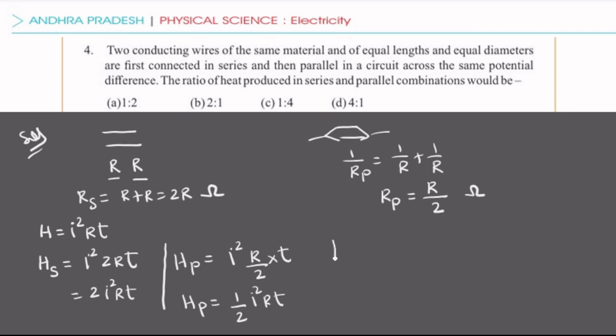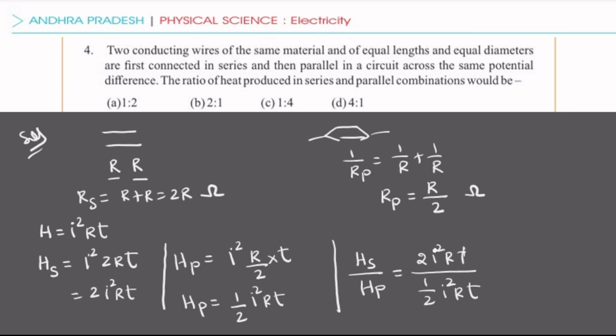So now what he is asking us is the ratio of heat produced in series and parallel combinations. That is, the ratio of the heat produced in series and parallel combinations. So in the series combination, what is the heat produced? We got 2 I square RT, and in the parallel combination we got 1 by 2 I square RT.